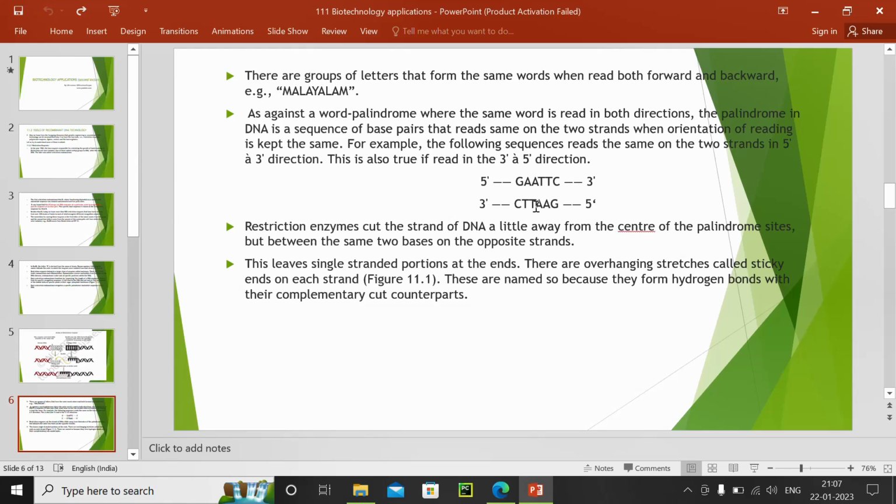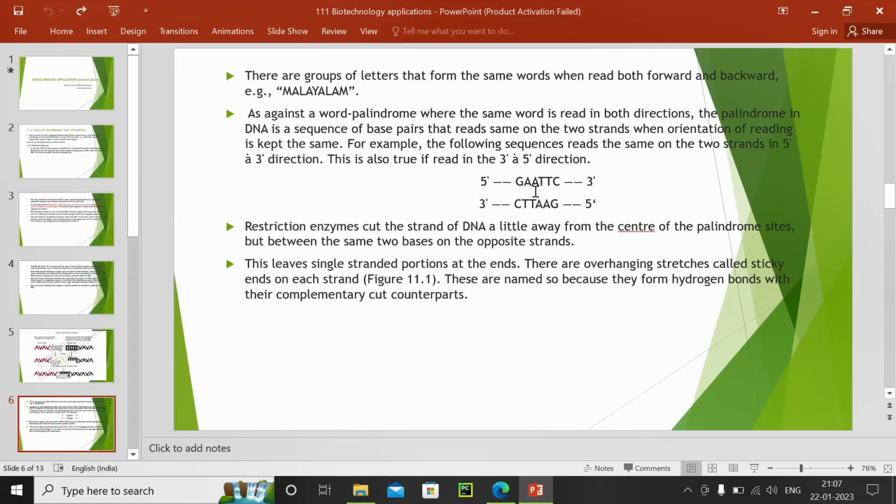These are named so because they form hydrogen bonds with their complementary counterparts. So here, G and C bind to each other with three hydrogen bonds, and A and T, that is adenine and thymine, form two bonds.